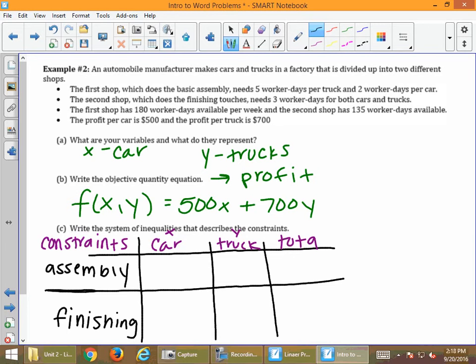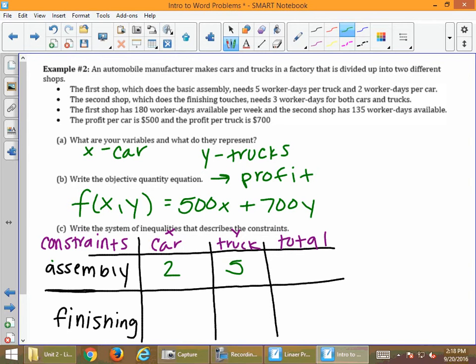Alright, well, how much assembly time does a car take? Yep, 2 per car. Alright, how many for a truck? How many worker days? 5. And how many total assembly? You have to be careful, assembly happens in which shop? The first shop.